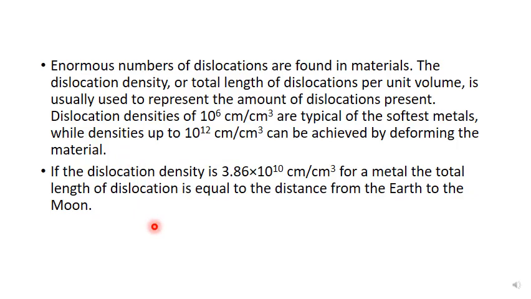Here is a very nice example to give you a sense of the length of dislocations, or the density of dislocations, in metals and alloys. If the dislocation density is 3.86 times 10 to the 10 centimeters per cubic centimeter for a metal, the total length of dislocations is equal to the distance from Earth to the Moon.